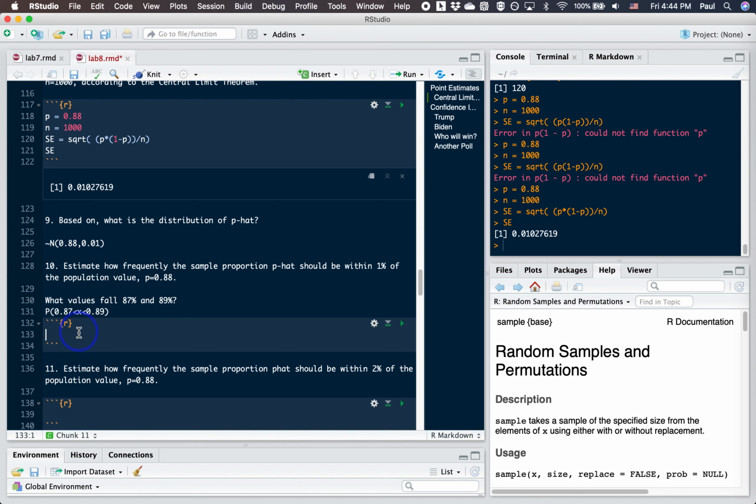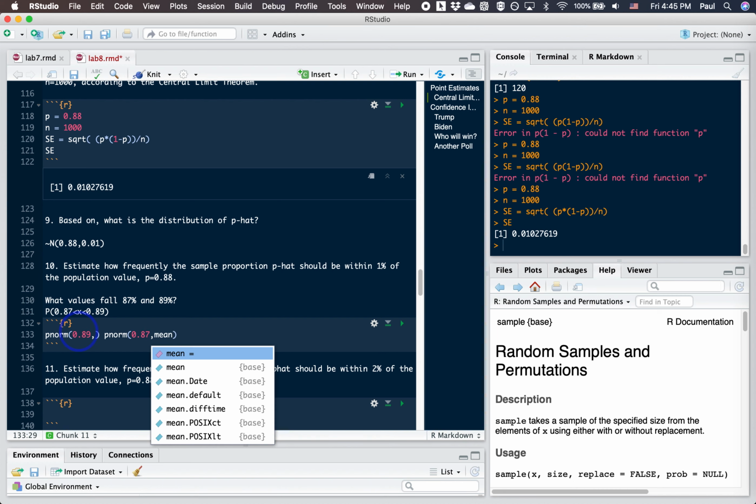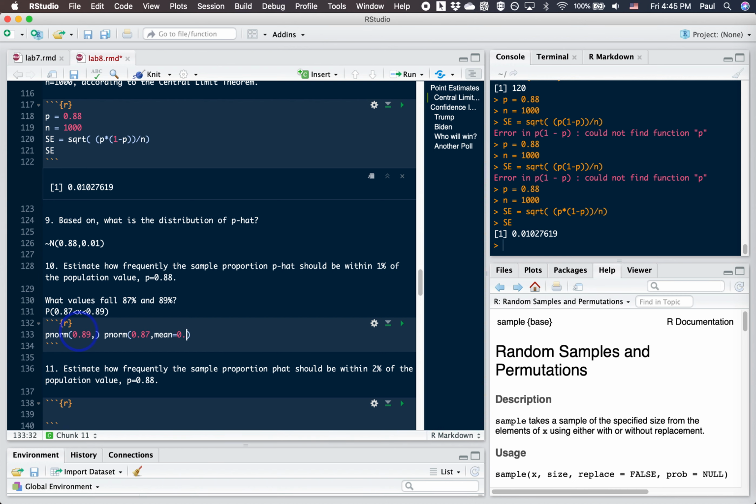Two weeks ago, we did the same thing. We use pnorm to find this, and we're looking at the distance between 0.89 and 0.87. And now we just have to put what the mean is, 0.88, and the standard deviation is 0.01.